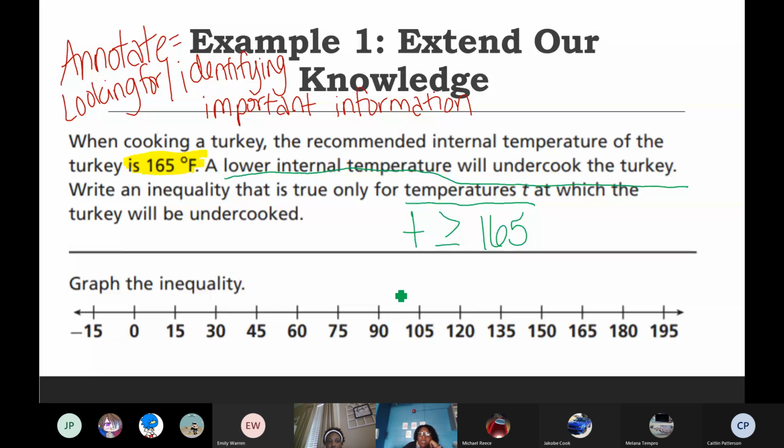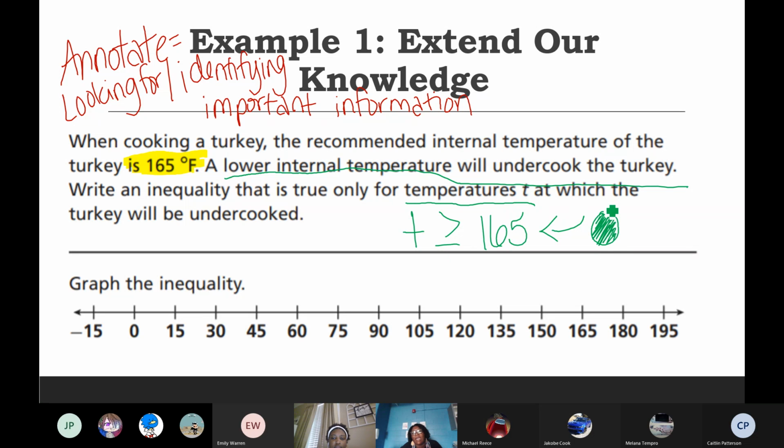So let's look here at our chart. Now we're going to graph this inequality. When we graph an inequality, you know how we have been using the open circle? When we're graphing less than or greater than or equal to, when our sign has that at the bottom, we color in our bubble.